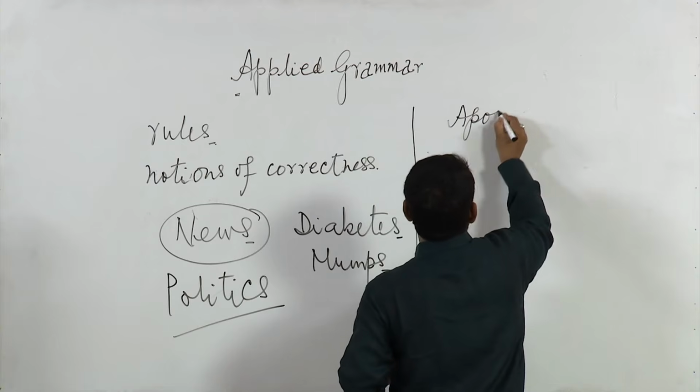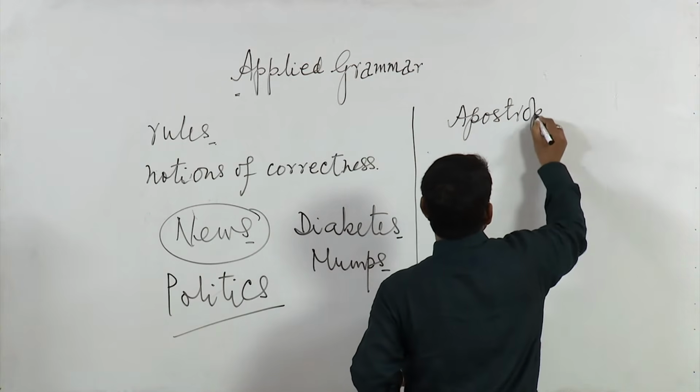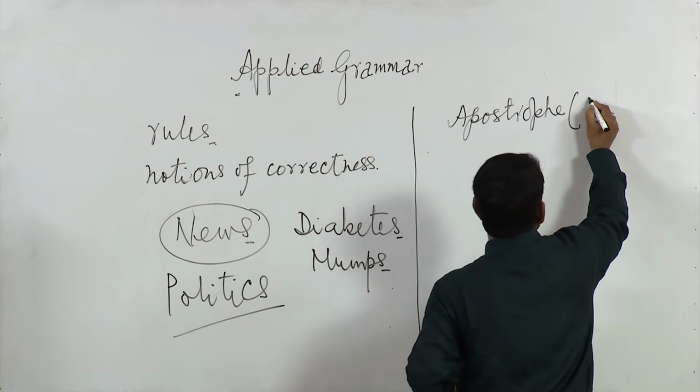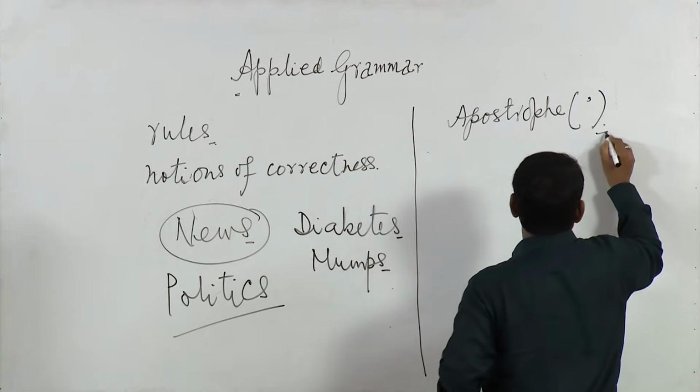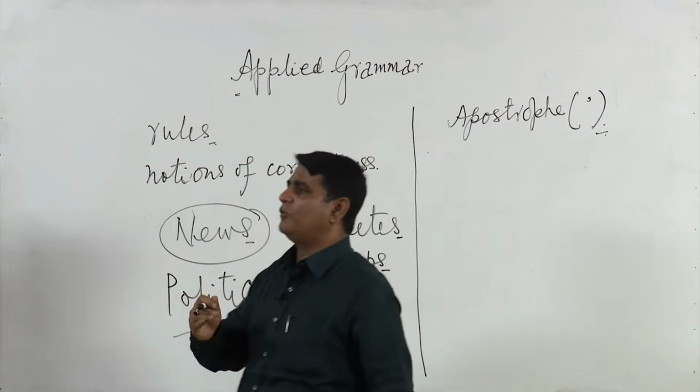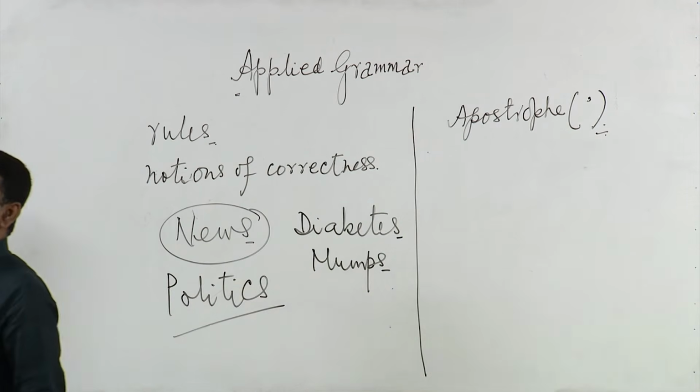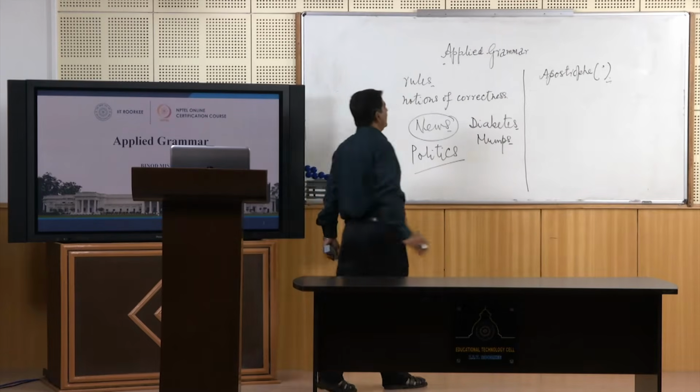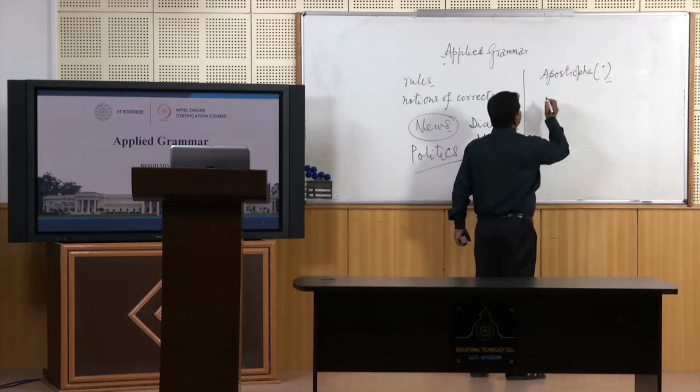Now most of the time you will find that people often commit mistakes when it comes to the apostrophe. Let us try to understand what an apostrophe is. Apostrophe has many uses. It actually shows a relationship. For example, you can say one's own.